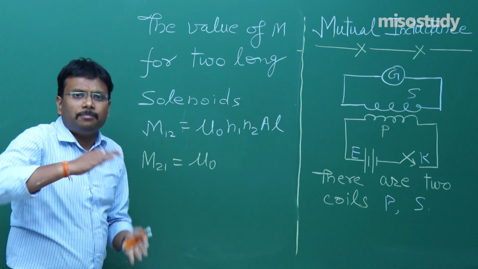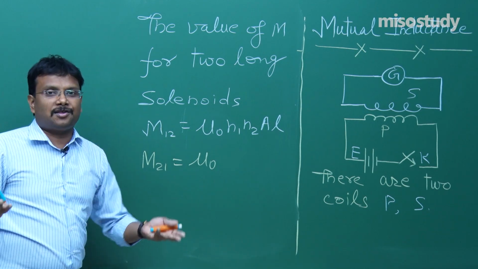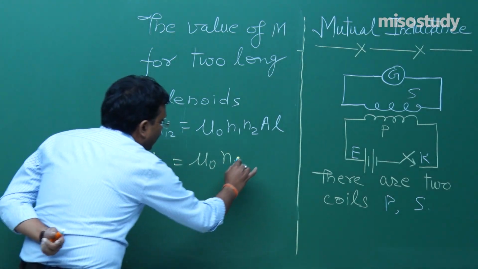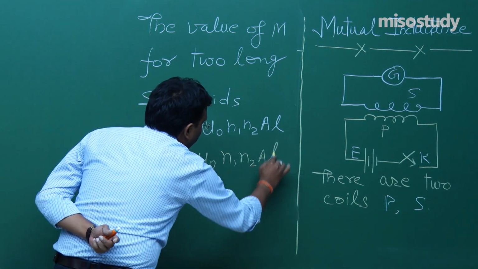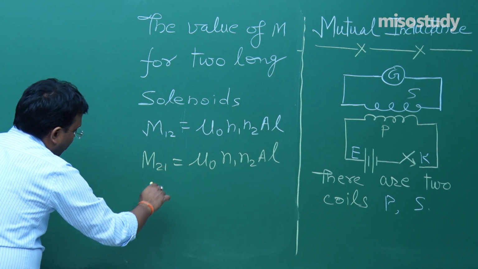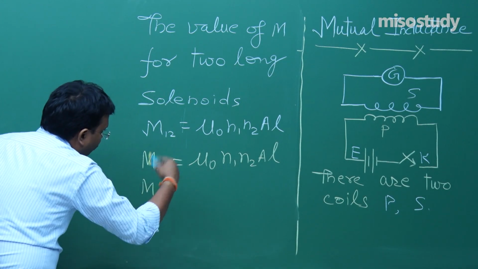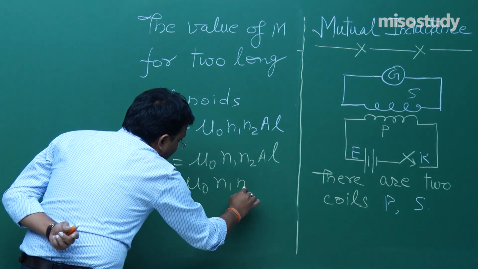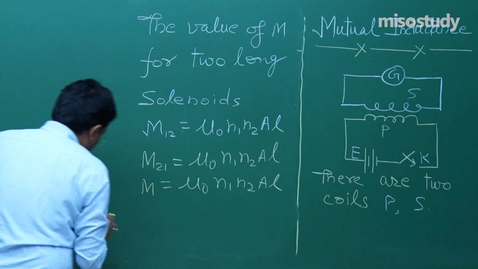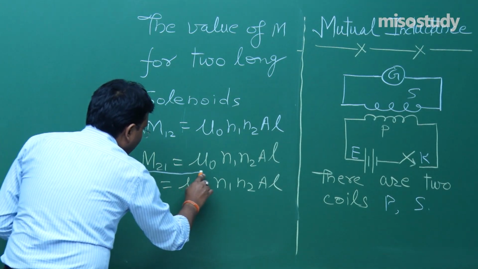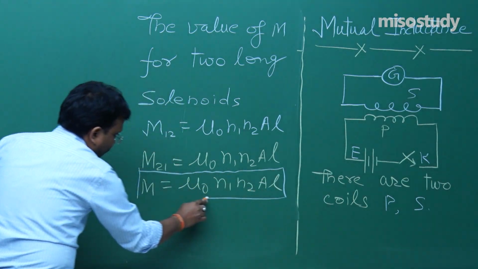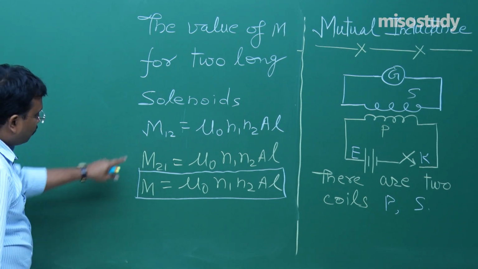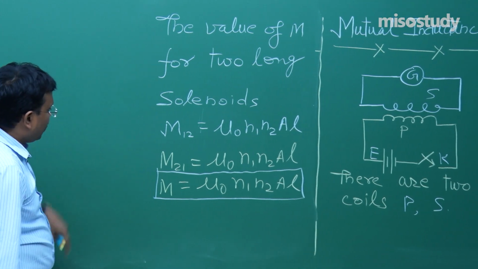There is no point of putting the terms together. 3 into 2 is equal to 6 and 2 into 3 is equal to 6. So, for simplicity and similarity, let me write down like this. You can say that M effective is equal to mu naught N1 N2 AL. So, this is for two long solenoids.